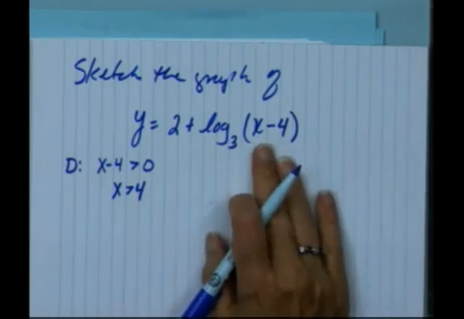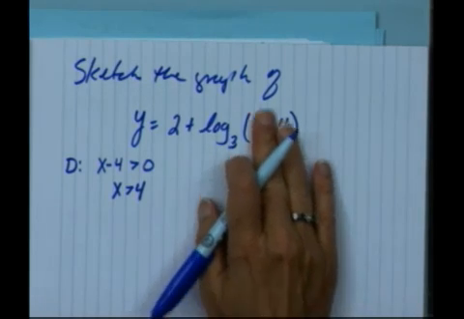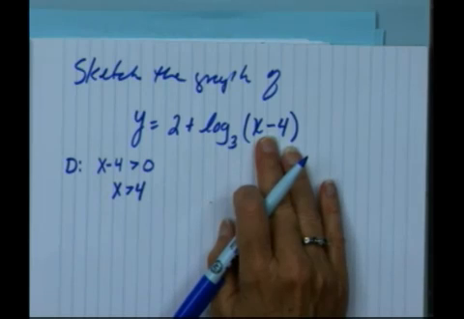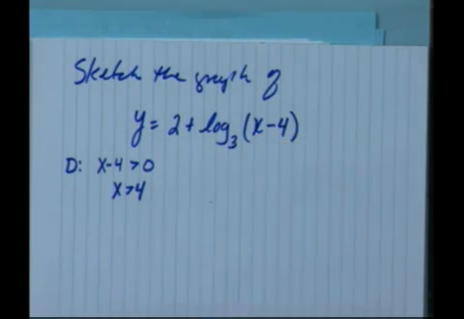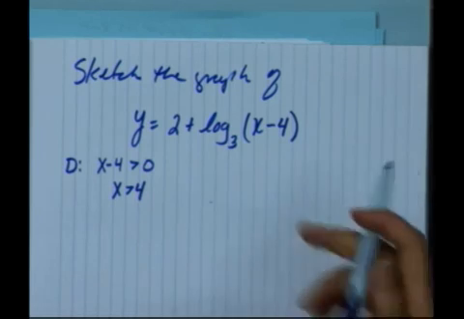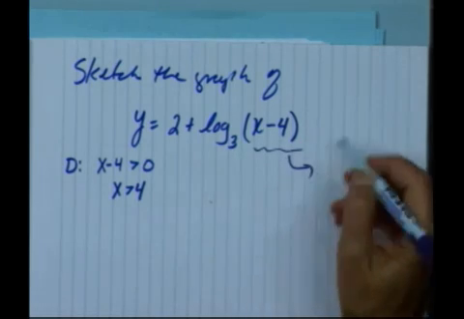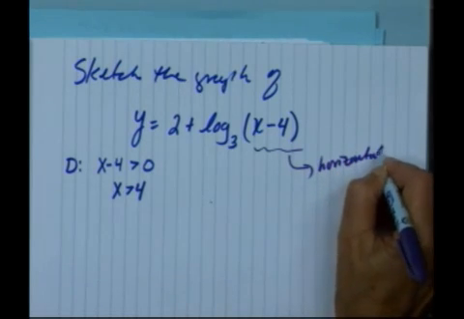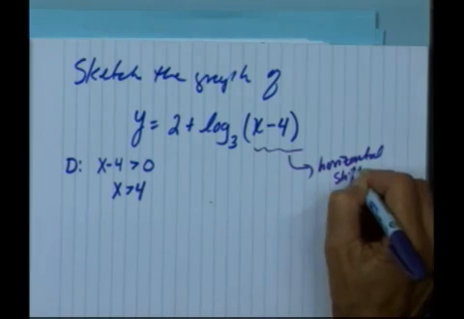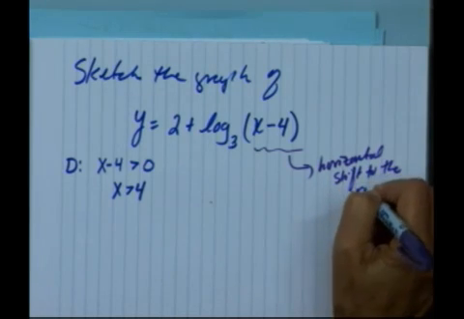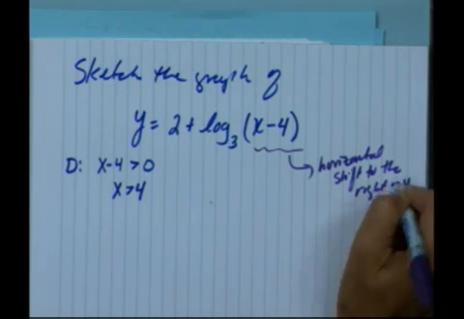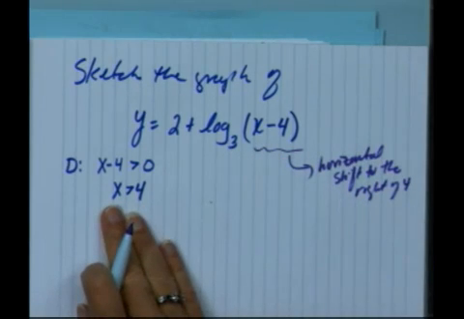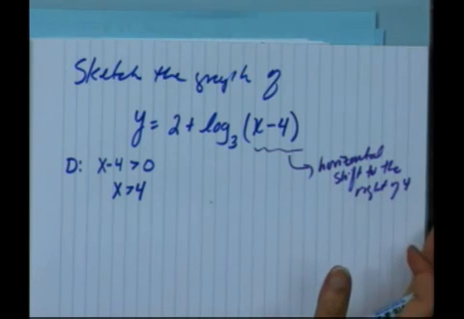If you were doing a translation, based on the way this is set up compared to the graph of y equals log to the base 3 of x, this would tell you that you're going to shift to the right 4 units. This little part right here tells you you have a horizontal shift to the right of 4. And that's where you're going to get your domain there. X has to be greater than 4.